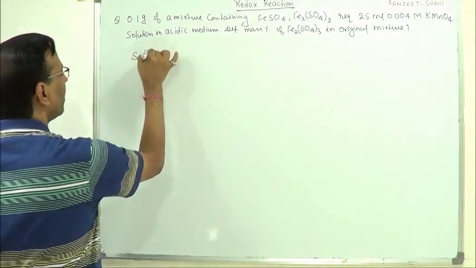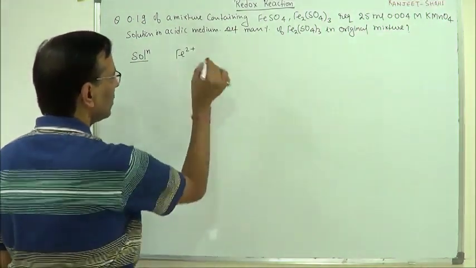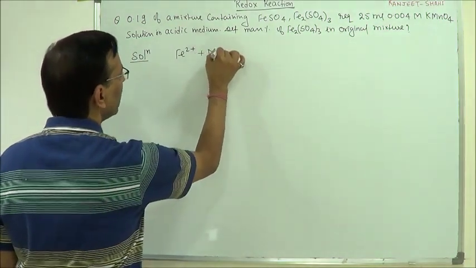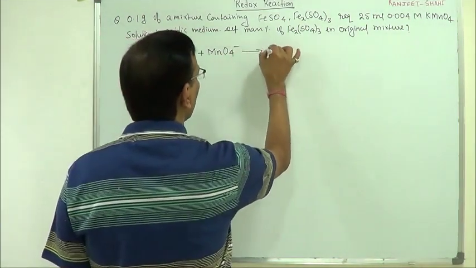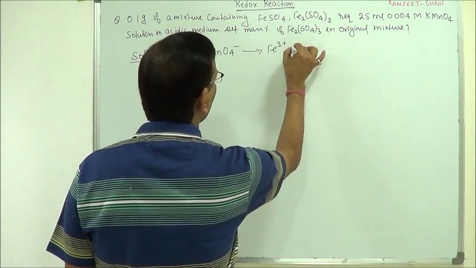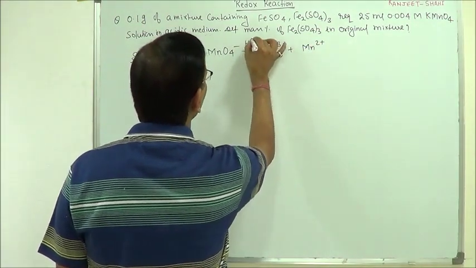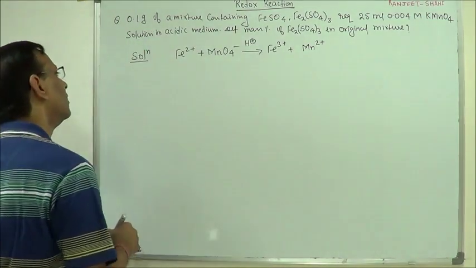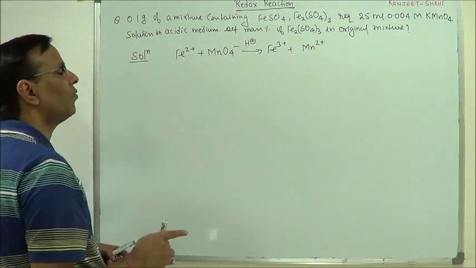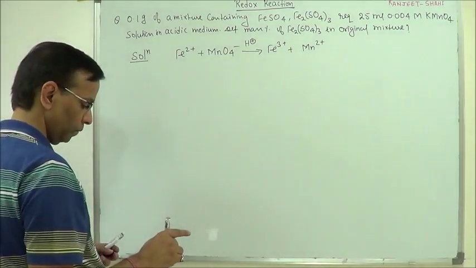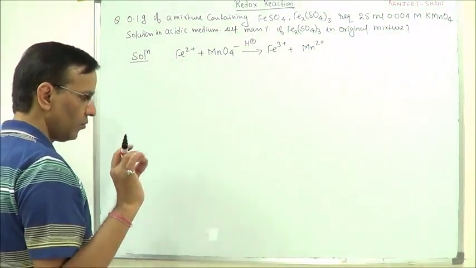Once again, ferrous ion in the mixture will be oxidized by permanganate ion, giving ferric ion and Mn2+, since the medium is acidic. So milliequivalent of permanganate will be equal to milliequivalent of ferrous ion.